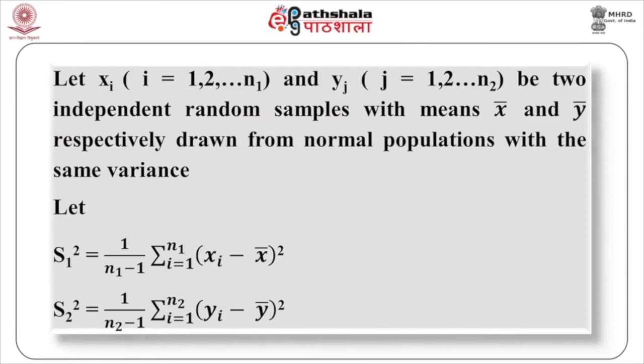Now let S1 squared equal 1 divided by n1 minus 1 multiplied by the sum from i equals 1 to n1 of (xi minus x bar) squared. S2 squared equals 1 divided by n2 minus 1 multiplied by the sum from i equals 1 to n2 of (yi minus y bar) squared.